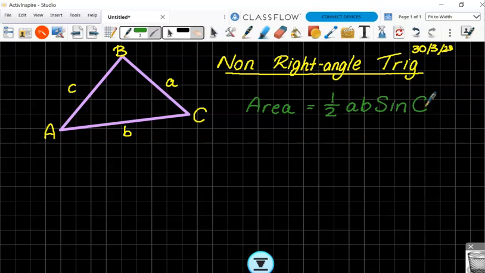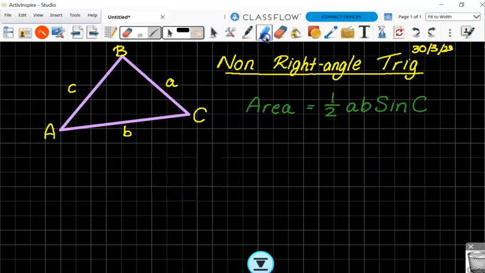Half base times height. The problem with that formula is that with a non-right angle triangle, you have your base, but you will need your vertical height. Now, we're going to have the situation where you're not going to be given the vertical height. So then we can use this formula.